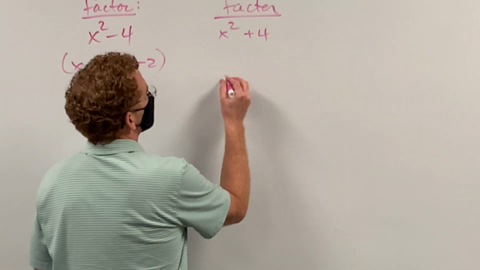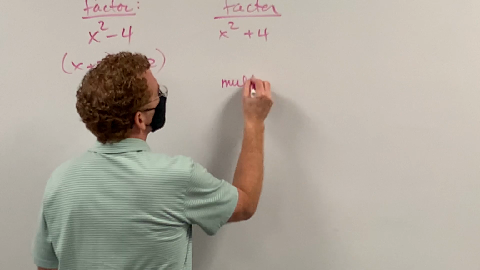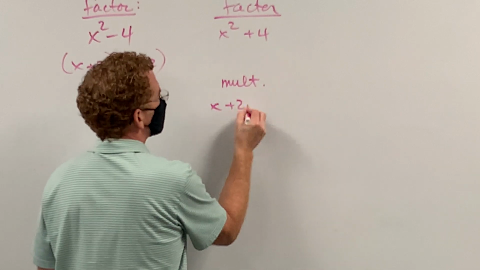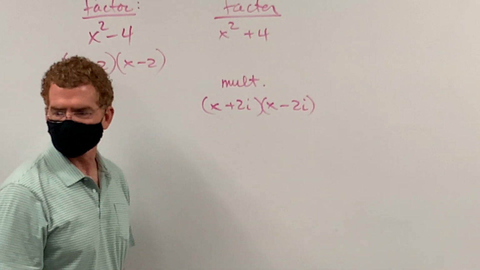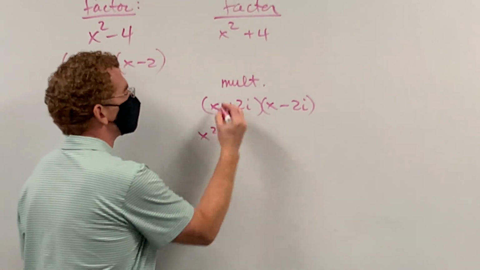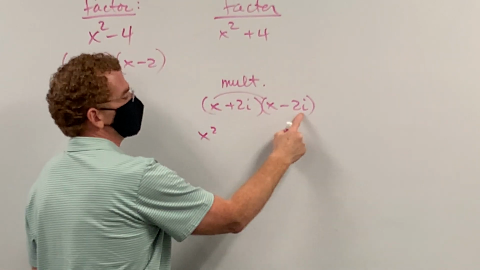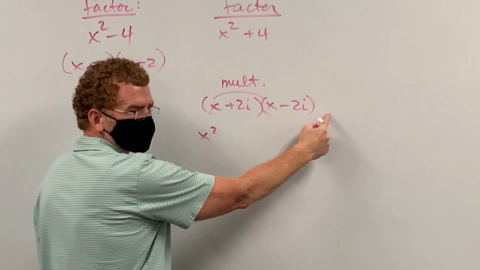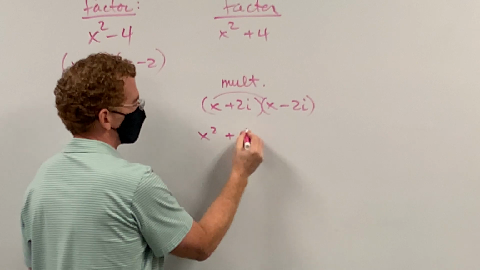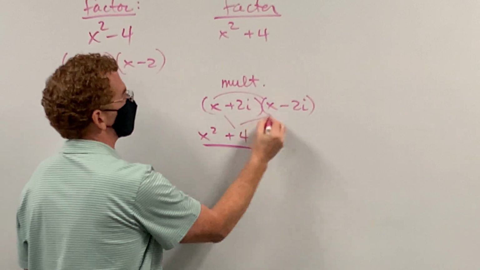What if I told you to multiply this out? What do you get? X squared, negative 2ix, positive 2ix, negative 4i squared, which is, oh, it does factor.